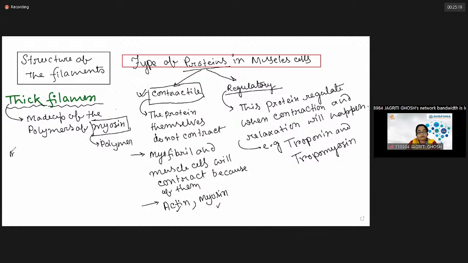The monomer of myosin is called meromyosin. Am I clear? Now, next we will be discussing the structure of meromyosin.